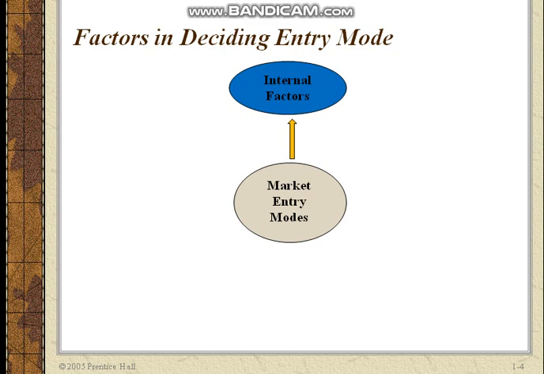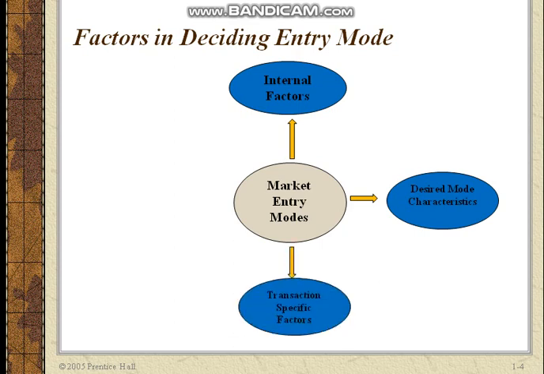This includes the firm's availability of resources, and having international experience being the tool to survive in the international market. Then the desired mode characteristics, which include the firm's characteristics of being risk averse, the control over the firm's resources, and the flexibility. Next are the transaction-specific factors, which include the advantage of having the tacit nature of know-how and the firm's opportunistic behavior.